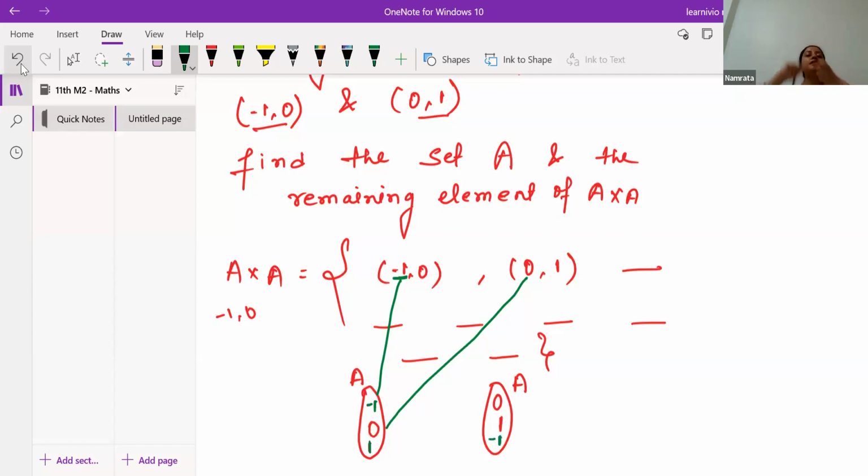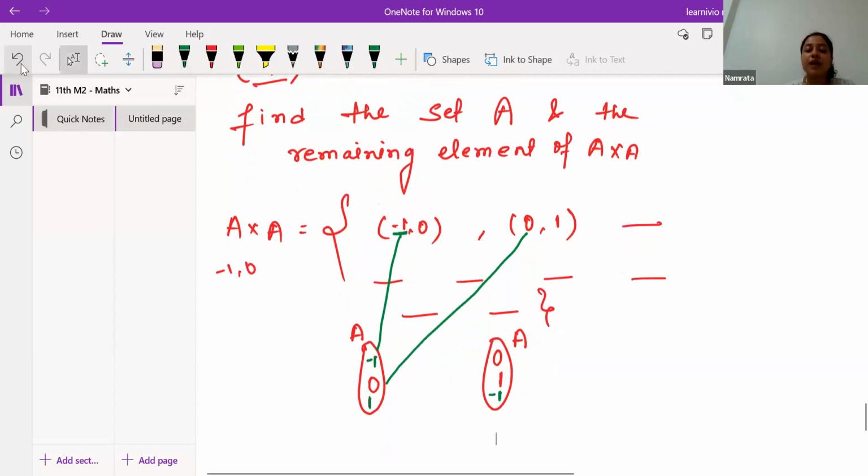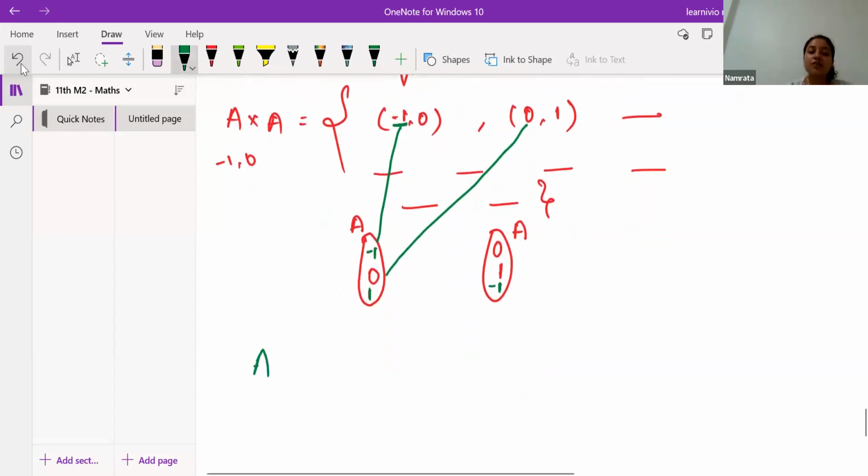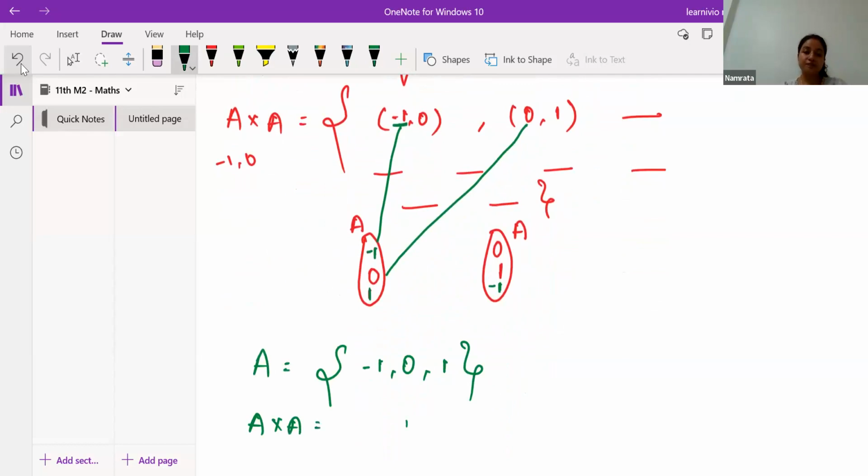Here also, the 3 elements can be -1, 0 and 1. You can write it here and there. Eventually, we just need to find all the ordered pairs. The rest of the ordered pairs we will find easily. If we have figured out that the elements of set A are -1, 0 and 1, then A cross A we will easily find, right? So this is how we have to understand that if the total number of elements is 9 and two same sets are multiplied together, then it must be 3 cross 3.